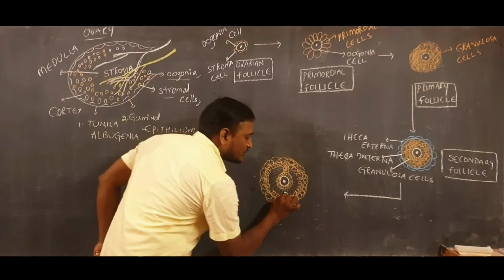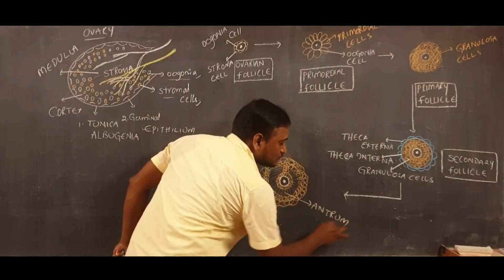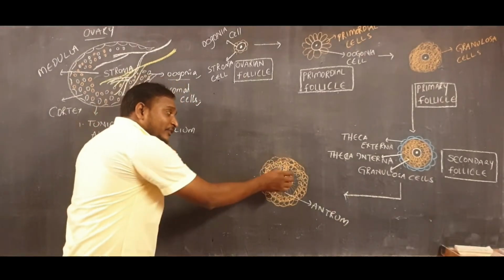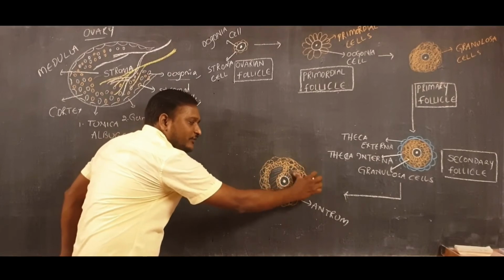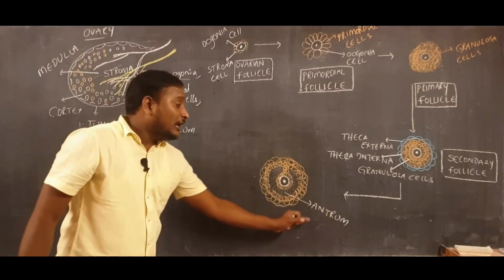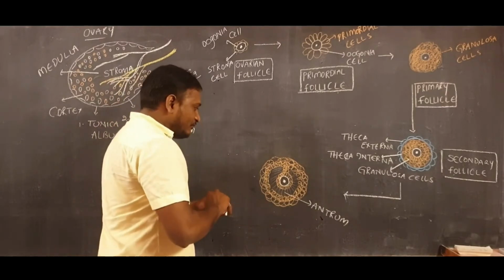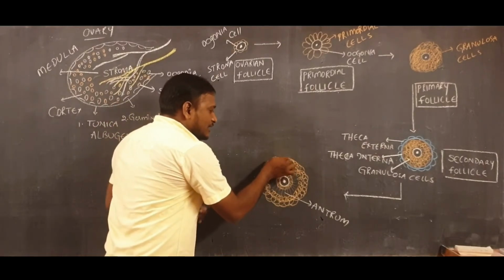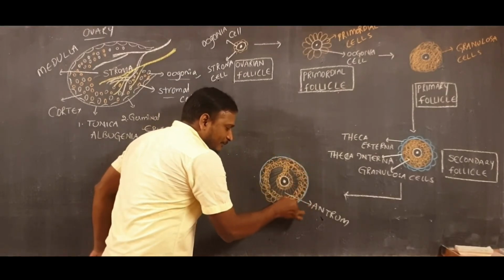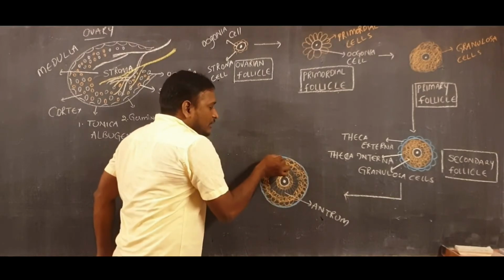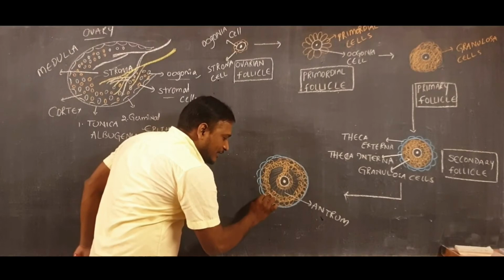Here, some of the granulosa cells have disappeared and formed one fluid filled cavity which is also called antrum, and it is a characteristic feature of tertiary follicle. And surrounding the granulosa cells, there is one layer which is also called theca interna. Theca interna is surrounded by another layer which is also called theca externa.